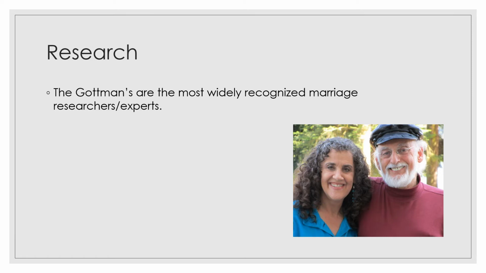They've done so many different scenarios and different studies with couples. They claim that they can tell whether or not a marriage will succeed in a very short period of time, and it's based on small bits of communication patterns that they see within a relationship.